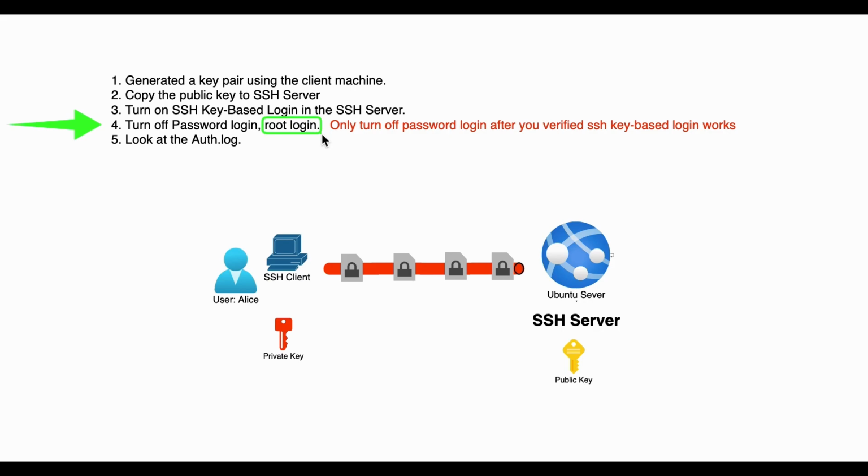Okay, of course, from a lab environment perspective, you'll see in my videos sometimes I use sudo, sometimes I don't. It depends on what account I'm in and the convenience that I want to have in a lab environment. So in a lab environment, it's a lot easier, less restrictive. But in a production environment, do turn off root login and turn off password login after you have enabled SSH key-based login.